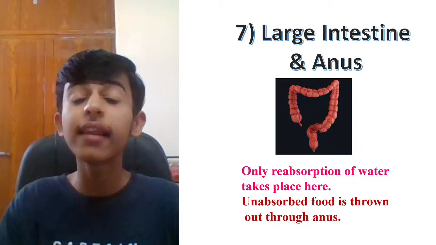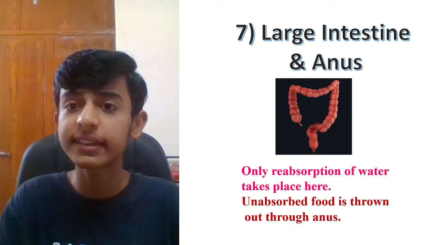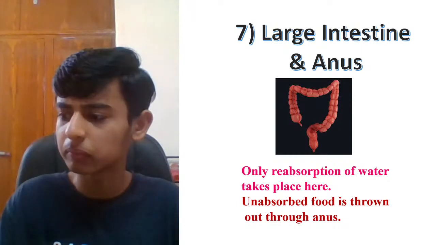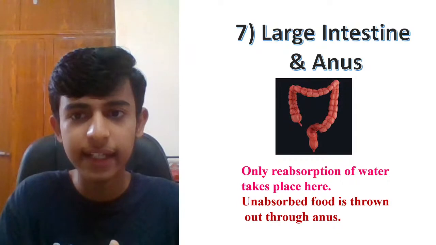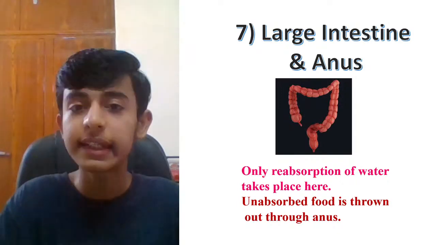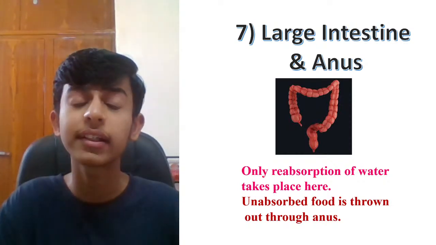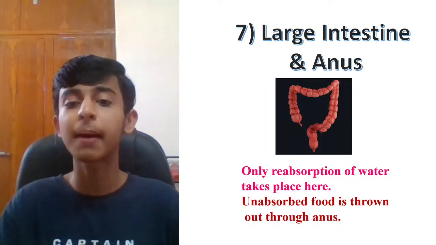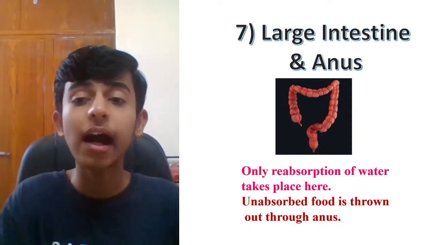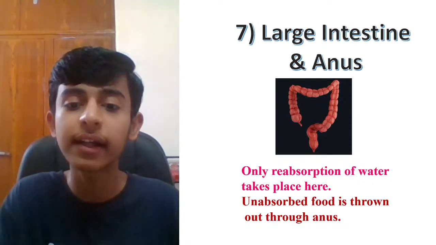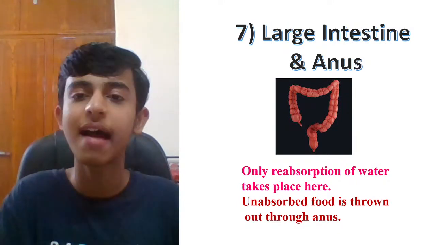Now moving on to the large intestine and the anus. What is the role of large intestine and anus? What do you all think? Okay, in the large intestine and anus, only reabsorption of water takes place. Whatever water is left after digestion in the small intestine is reabsorbed, and after that the waste substances are thrown out through the anus.